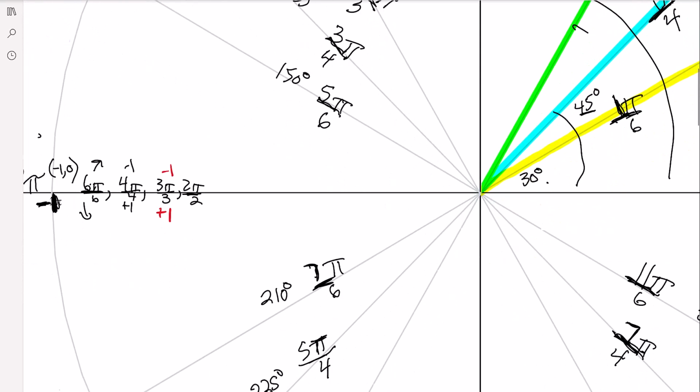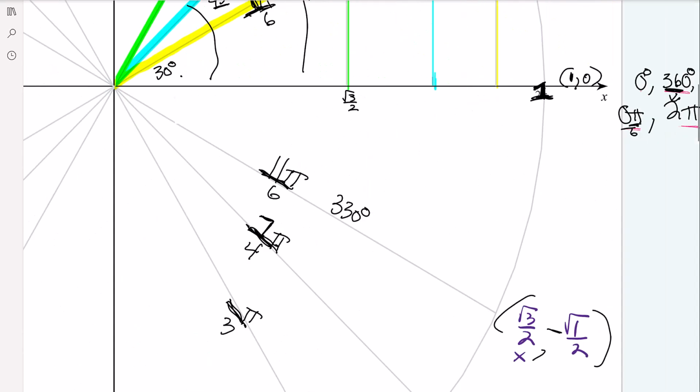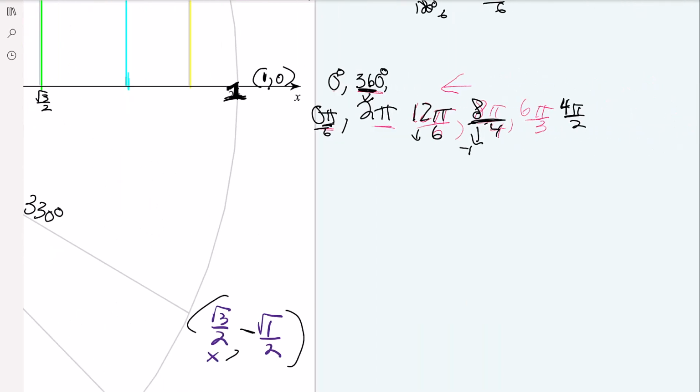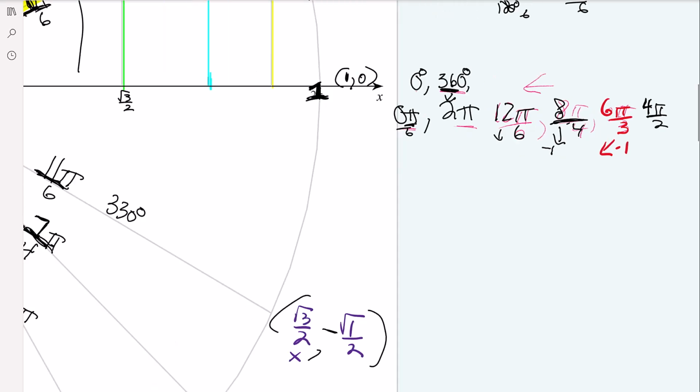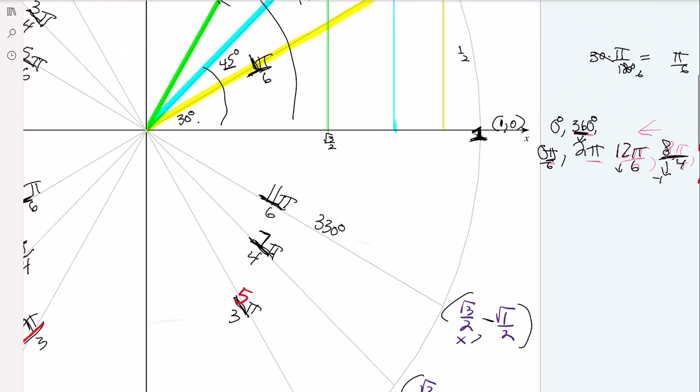Add 1 in this direction. 3 pi thirds plus 1 is 4 pi thirds. And then if we come over here, all the way around is 6 pi thirds. Since we're going that way, we're going to subtract 1. That gives us 5 pi thirds.